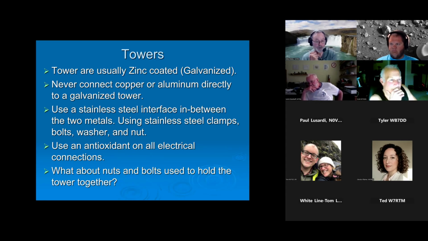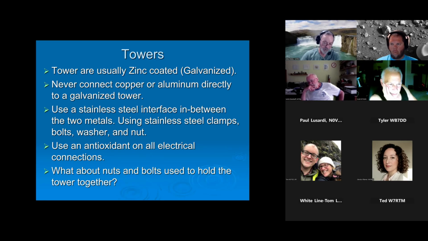So you can get on DX Engineering and they have a piece of sheet metal that's stainless steel, and you put a bunch of No-Ox under that and wrap that around the leg of your tower. Then you take your grounding wire and put it on the outside of that, and then put a bunch of No-Ox on that too.